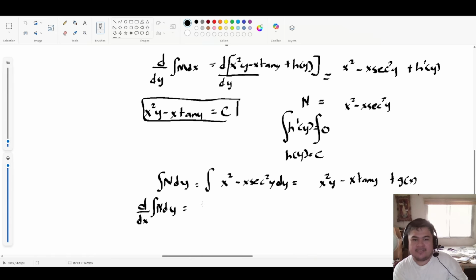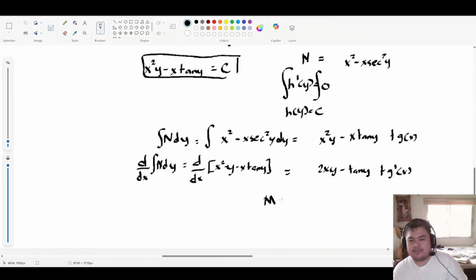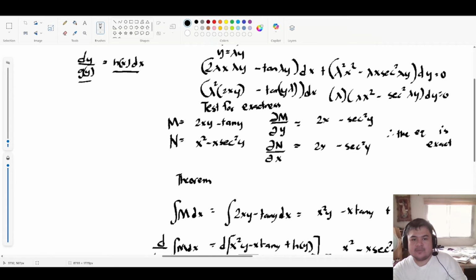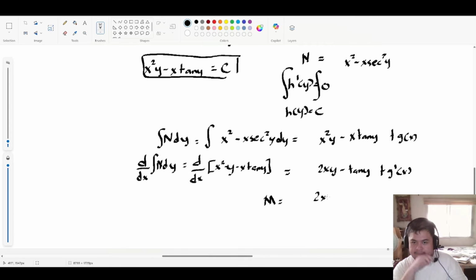Then we're going to differentiate with respect to x, and we're going to be looking at the x only. So it becomes 2xy minus tangent y plus g prime of x. And that should be equal to your M, which is 2xy minus tangent y. Okay?